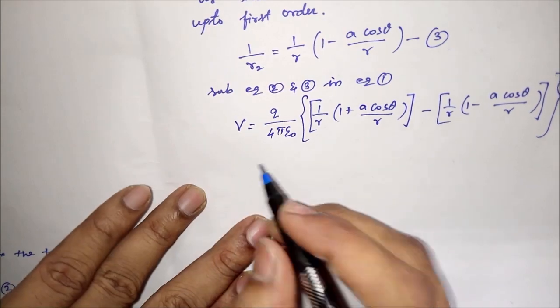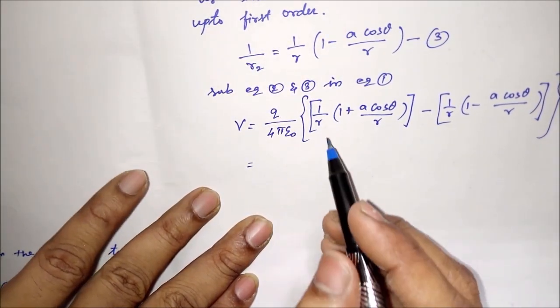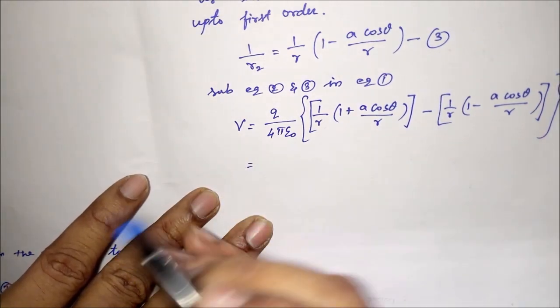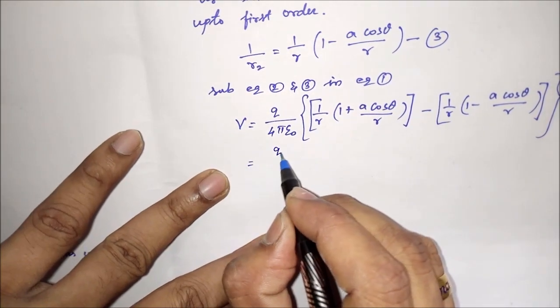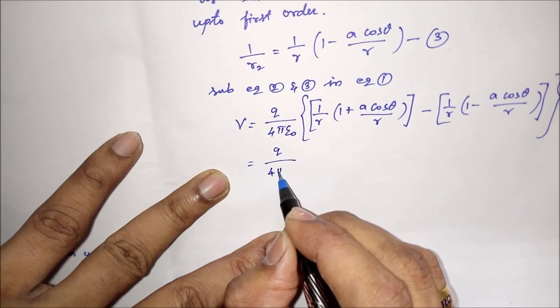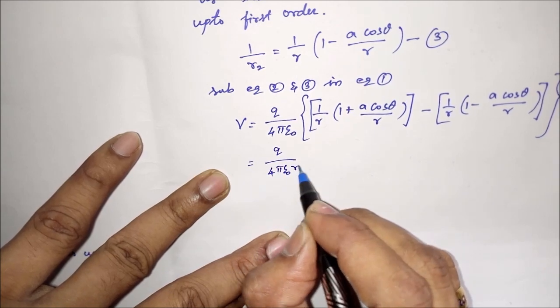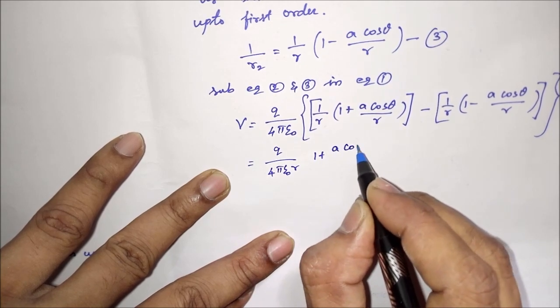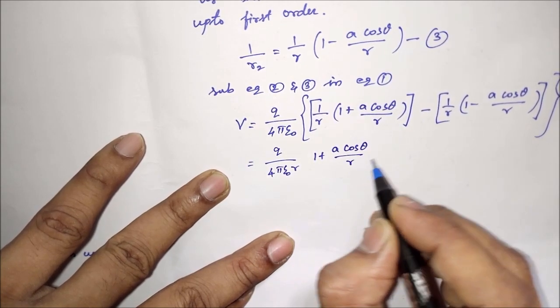Now we have to simplify, because 1 divided by r is common in both terms, so we can take it outside. So q divided by 4 pi epsilon naught r, times the remaining 1 plus a cos theta divided by r.